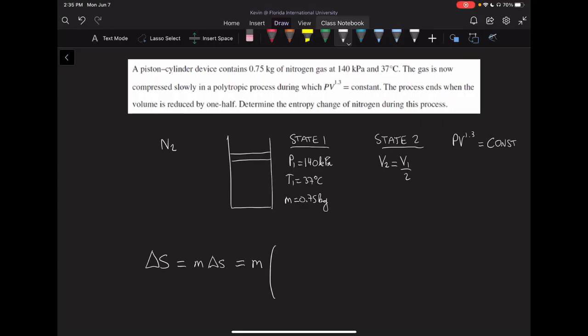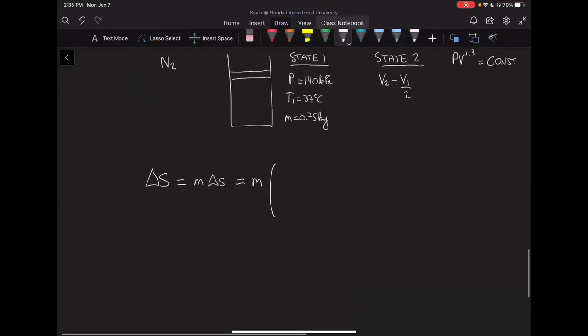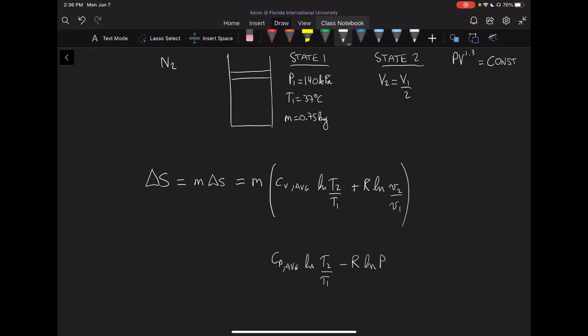The first equation is CV average times ln T2 over T1 plus R ln V2 over V1, or we could use CP average times ln of T2 over T1 minus R ln P2 over P1. We can elect to choose whichever we want.